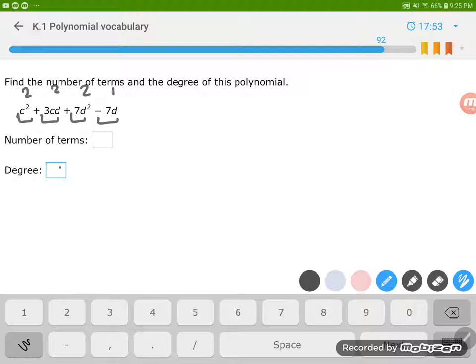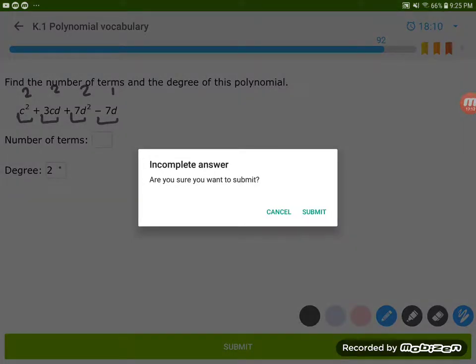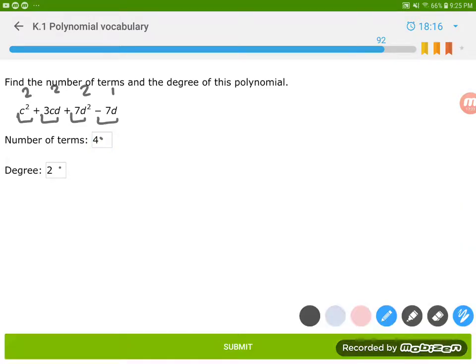And just D, that would have a degree of 1. So I actually have a lot of tied degrees here, or degrees that have the same number as each other. So my highest degree would actually just be 2. Oh, it would help if I answered everything. There we go. Okay.